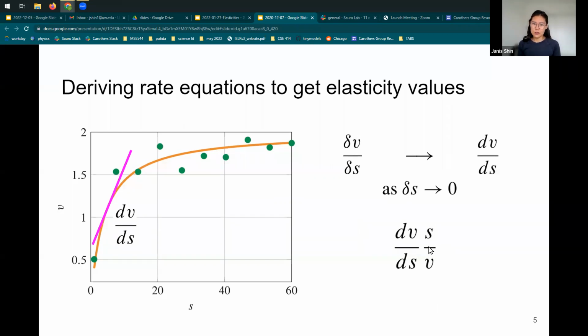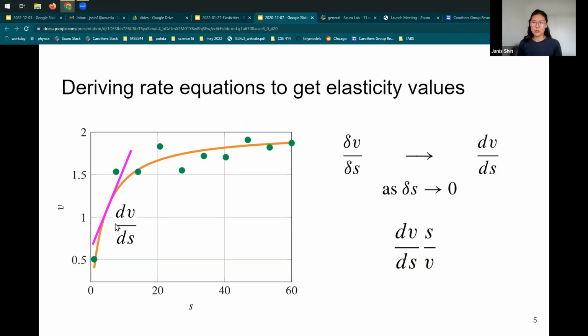Another thing to know, as I've alluded to before, is that elasticity values are unique to each point in the reaction rate. So usually when we talk about elasticities, it's helpful to know the context of what you're talking about, like the elasticity when S is at a given value, or when S is at steady state.